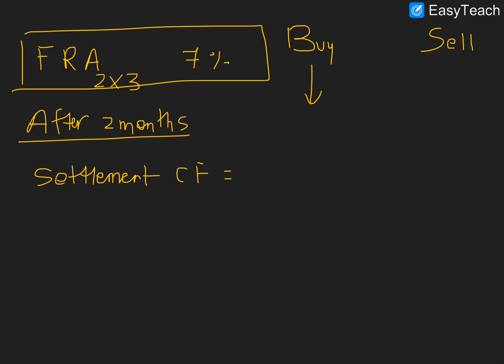Whenever you are going to buy an FRA, that basically means you're going to receive floating rate of interest, and you're going to pay fixed. Because you need to understand, when we are buying anything, we are going to pay something. And what are we going to pay over here? In this case it is 7%. So if you bought an FRA at 7%, it means you have agreed to pay a fixed rate of interest at 7%, and you will receive floating, and obviously the net off is undertaken, as we observe over here.